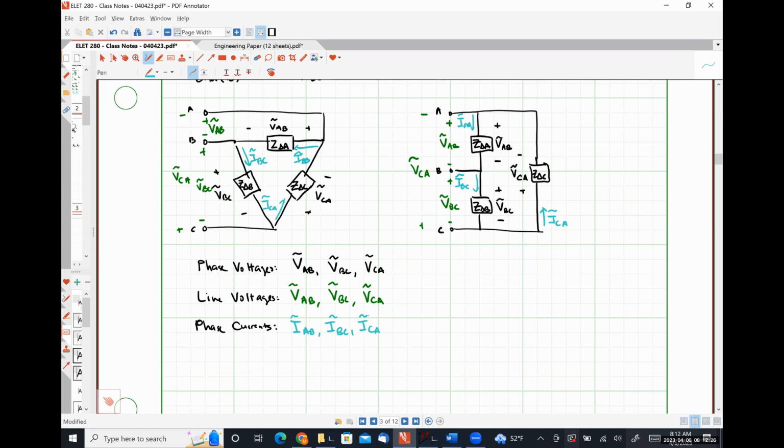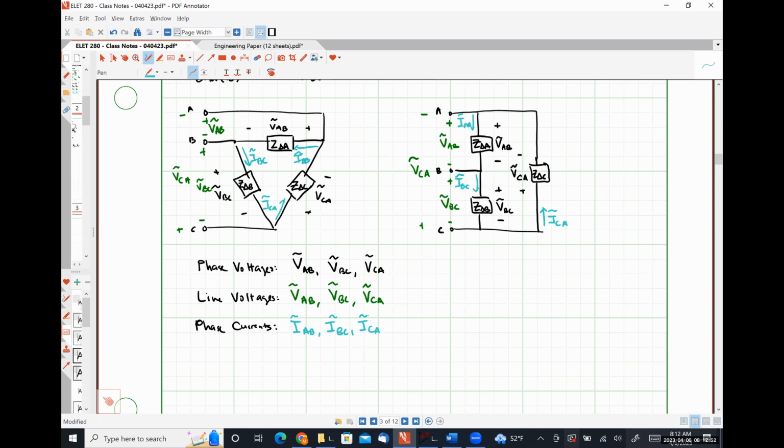All I've been trying to do for the past 12 minutes of today and an hour and 10 minutes or whatever of last Tuesday was make it very clear what the quantities are and what they represent. Because as you'll see in the in-class assignments, I'm not going to say find this thing. I'm going to say find the line currents, find the phase voltages, that kind of thing.